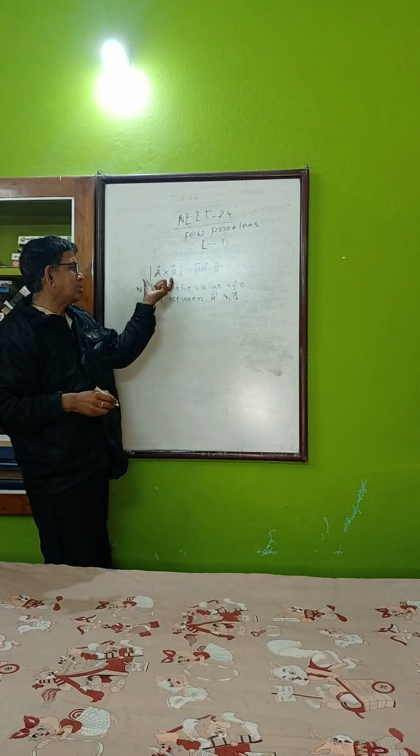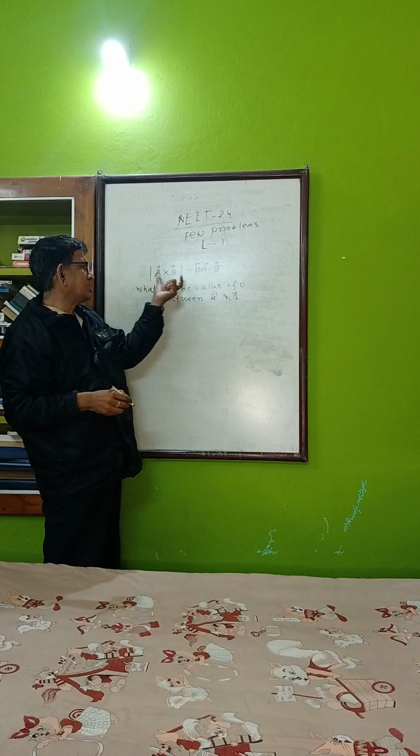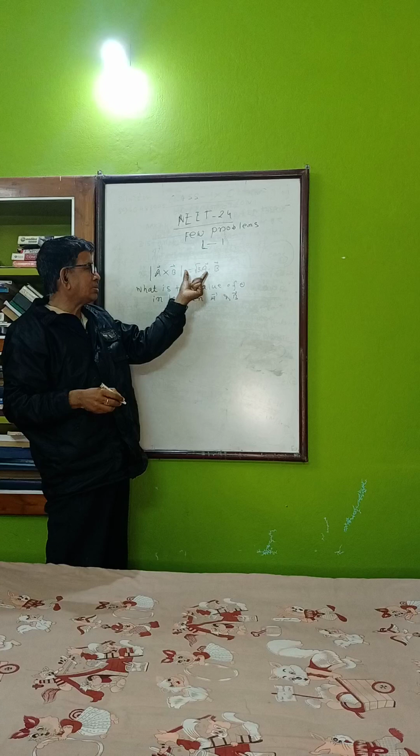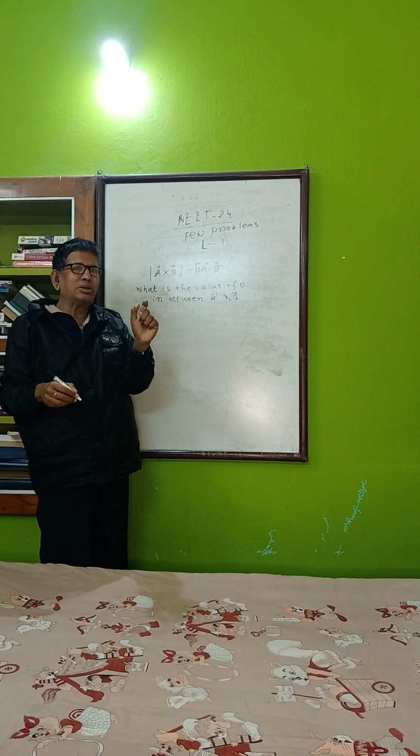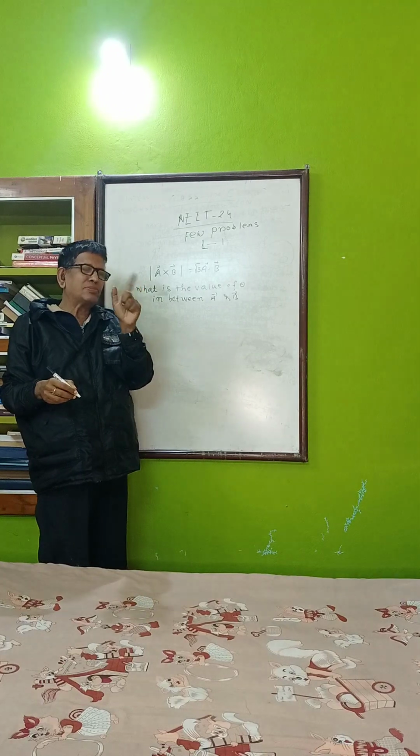Now magnitude of A cross B equals root 3 A dot B. Question is, what is the angle in between A vector and B vector?